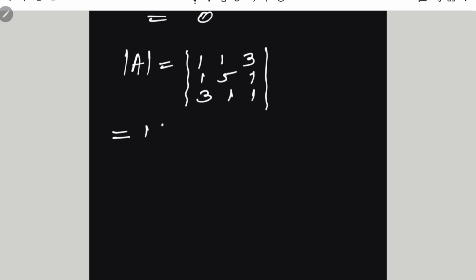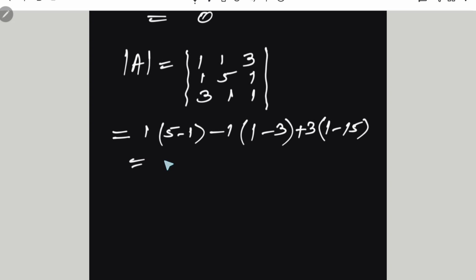It is 1 into the determinant of 5, 1, 1, 1, meaning 5 minus 1, minus 1 into, neglecting first row and second column, the determinant of 1, 1, 3, 1, meaning 1 into 1 minus 3, plus 3 into, neglecting first row third column, the determinant of 1, 5, 3, 1, it is 1 minus 15.